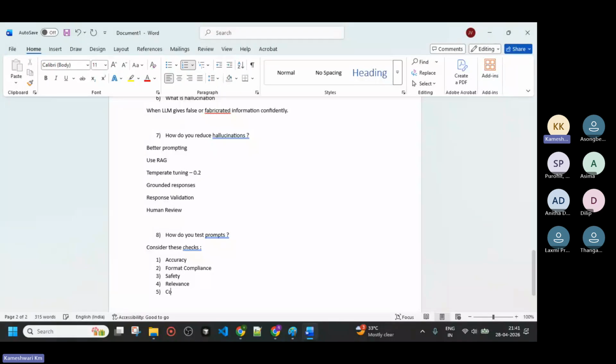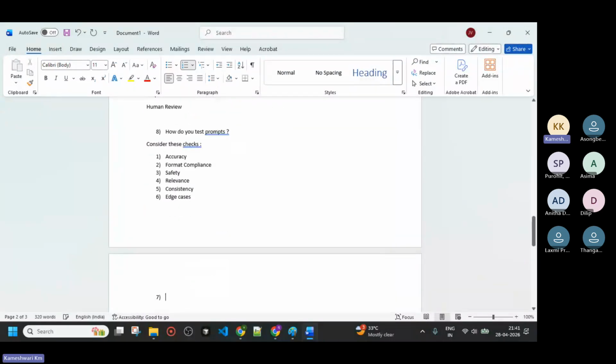And the next one is consistency. By default the temperature in the prompts is kept at 0.2. Whenever you ask the question, 10 or 20 times, you are supposed to get the answer consistently, because the meaning has to be the same and should not change. Then edge cases, or corner cases, have to be cross-checked to see whether it is working.